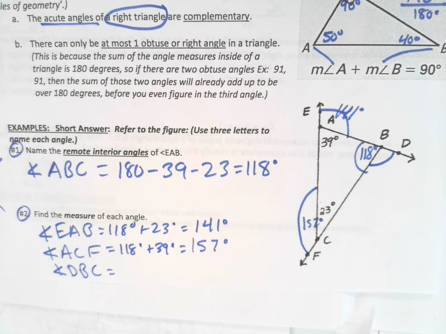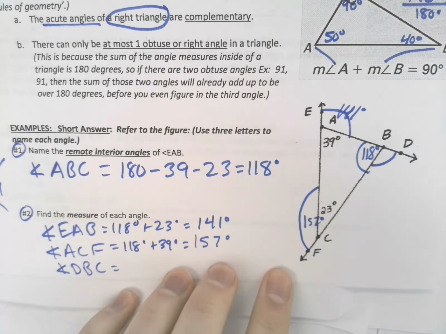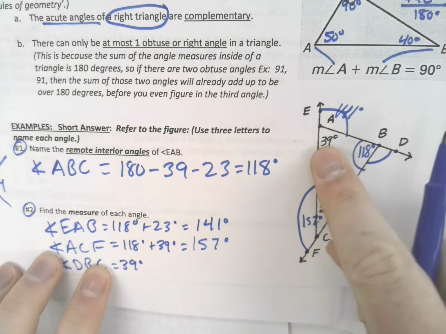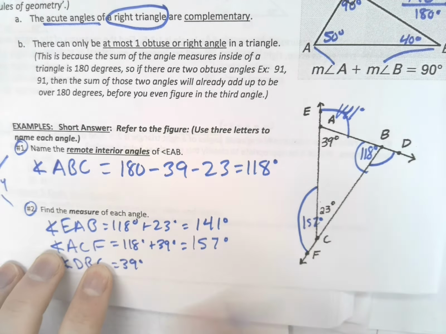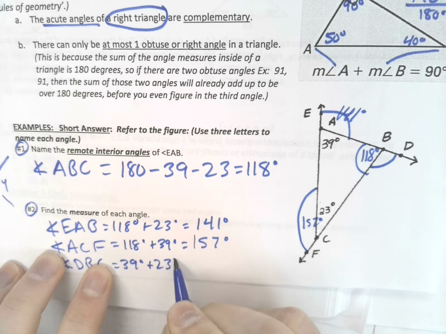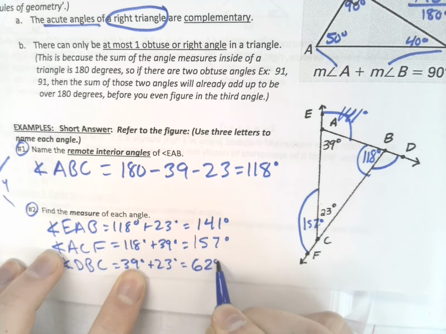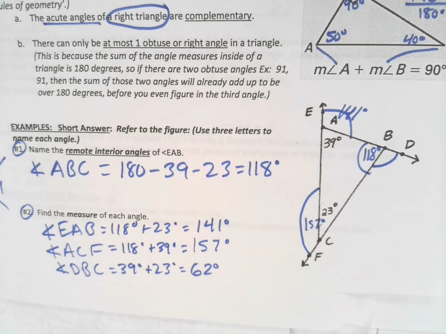You've already had two people do these for you, so I know we can do this last one. 72? How'd you get that? You take 39 degrees, this angle over here, and add it to 23. Those are the two remote. Nice work, guys. So 62 degrees. I think it's 62. Yeah, 62. Yeah, I was gonna say, 62. Did somebody say 72? That's okay.